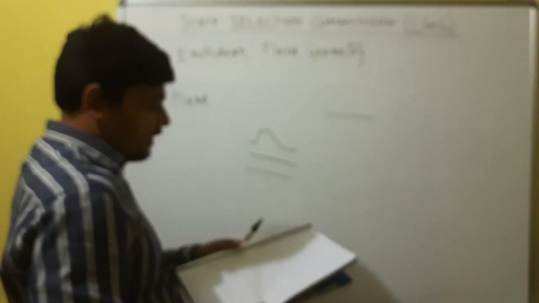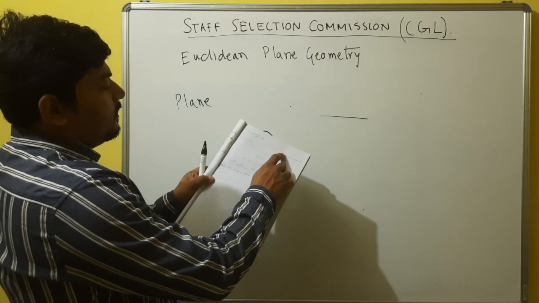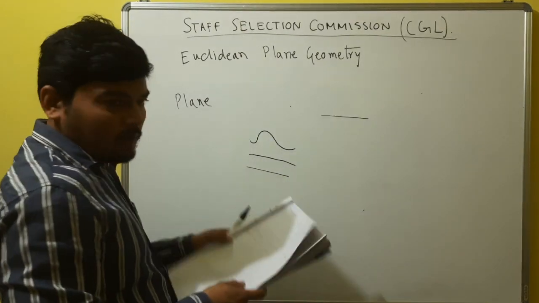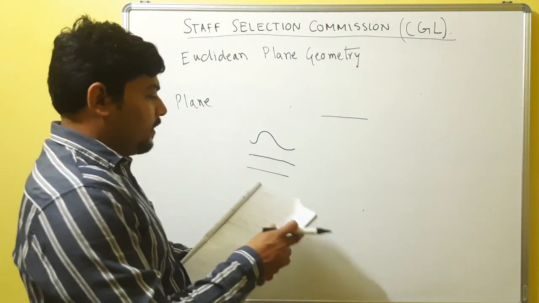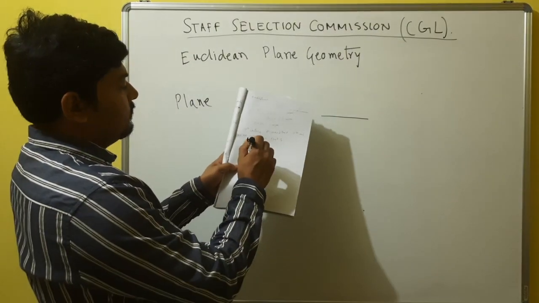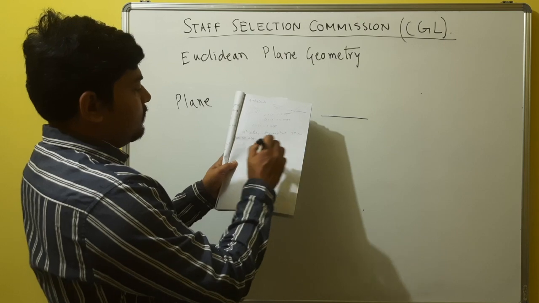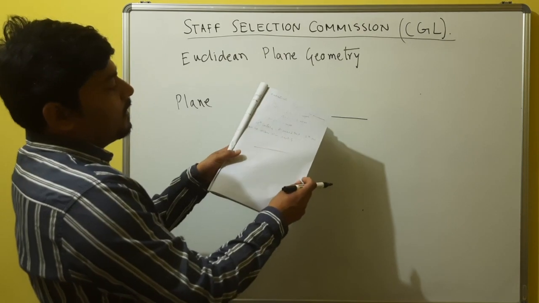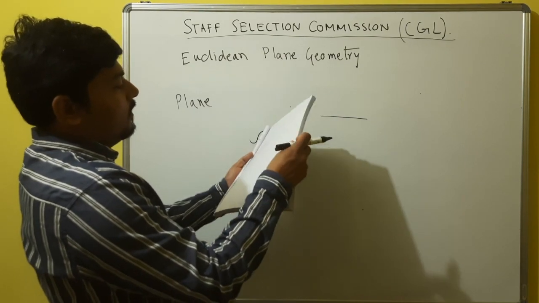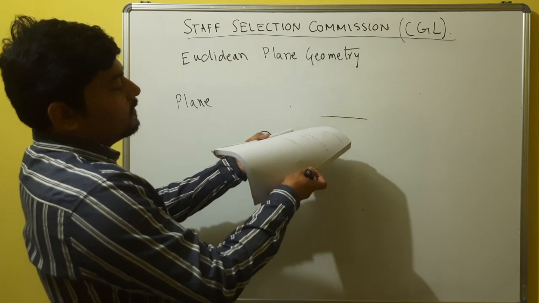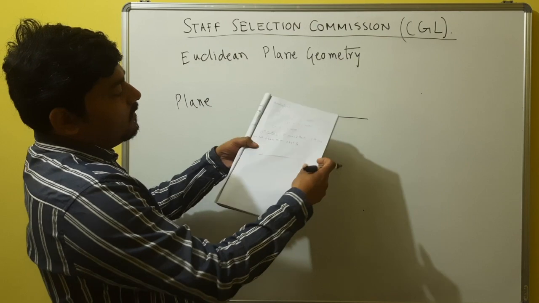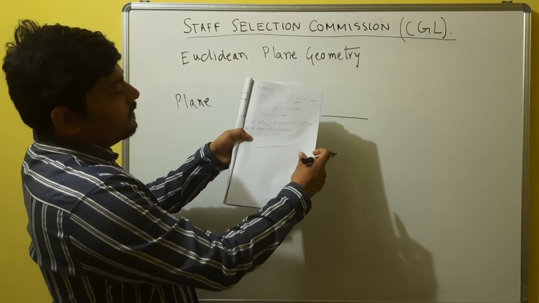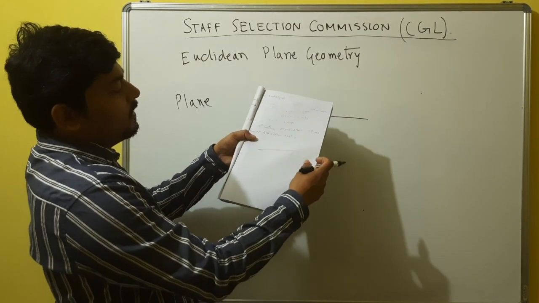Now let me take you through this one. Let's say I have a big line here. Now I made the plane like this. Try to understand. If I keep it like this, it's a straight line, and all the points of it are on the plane.